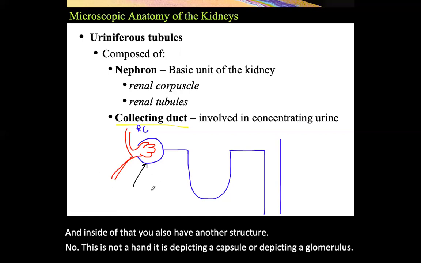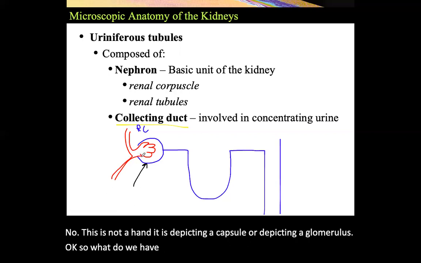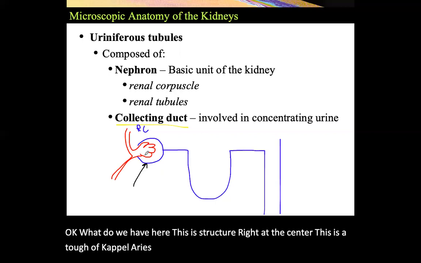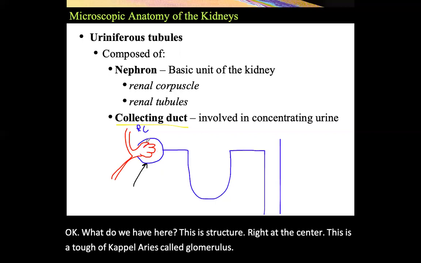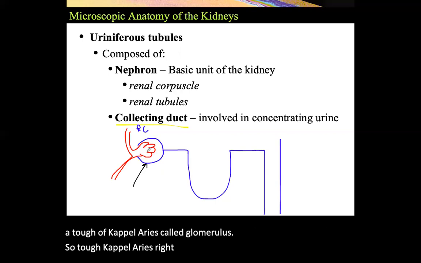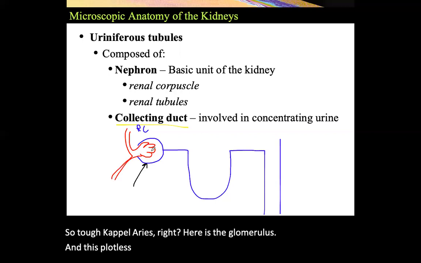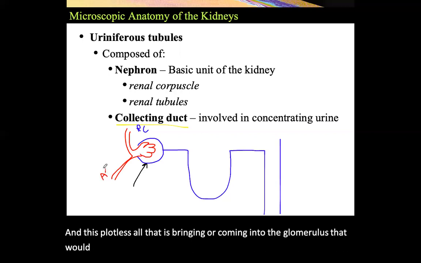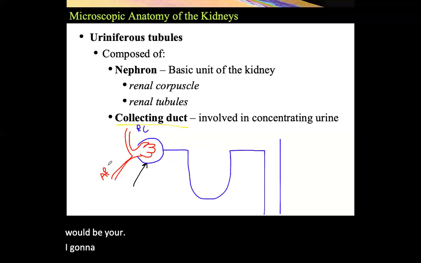Okay, so what do we have here? This structure right at the center is a tuft of capillaries called glomerulus. So the tuft of capillaries right here is the glomerulus. And this blood vessel that is coming into the glomerulus, I'm going to shorthand that, would be your afferent.